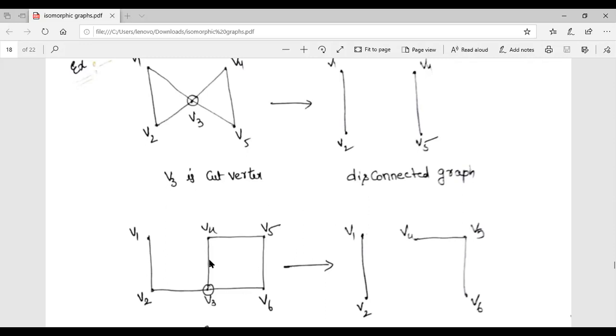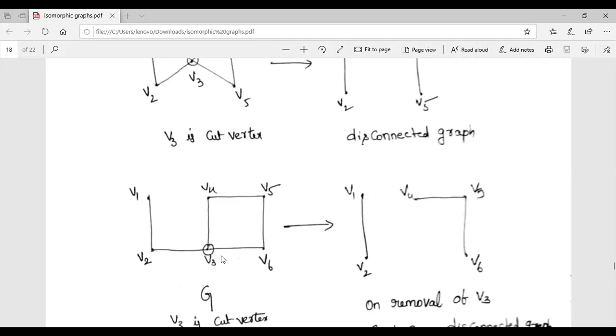By which vertex removal does this connected graph become disconnected? V3. If we remove V3, the incident edges are also removed, so the graph becomes disconnected. So here V3 is called cut vertex, the vertex by whose removal the given connected graph becomes disconnected.